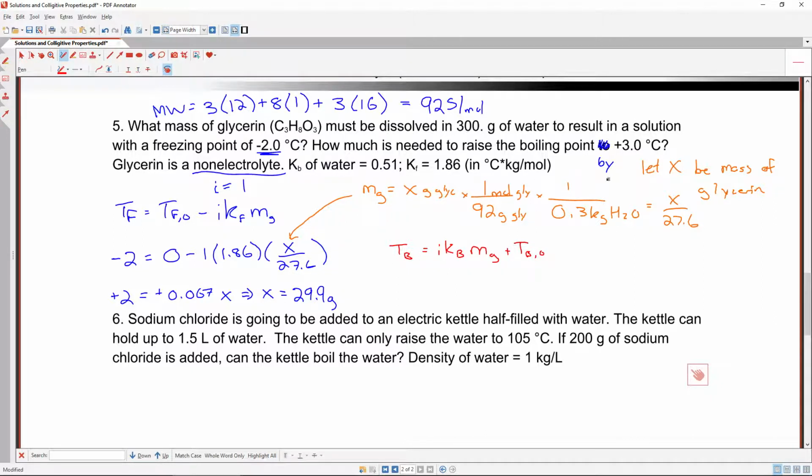So we know the initial boiling point of water, and we know TB, right? We want it to, actually we just need it to be raised by 3. So we don't even need TB naught, but we just need to do the delta T. So in other words, TB minus TB naught, right? Just your delta, here's your change in temperature.